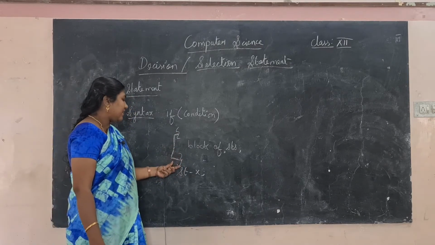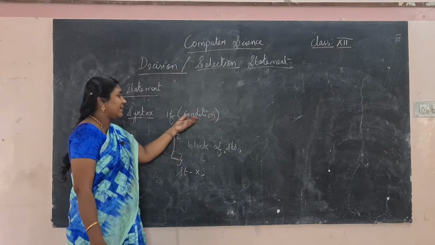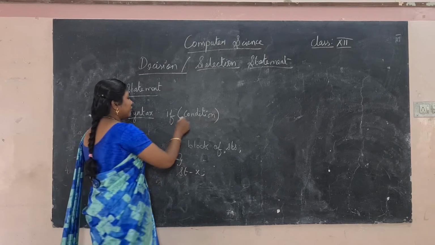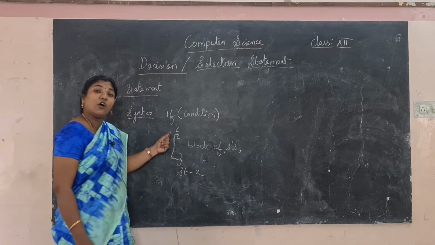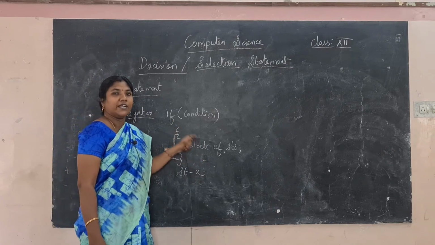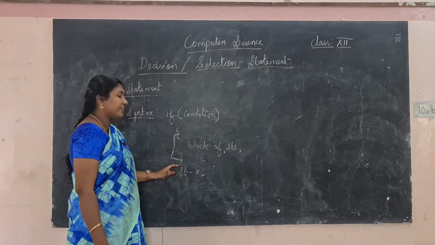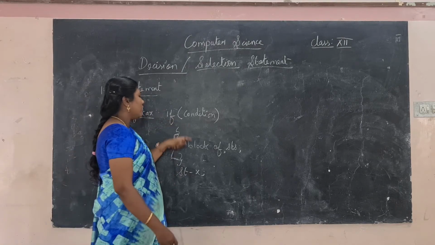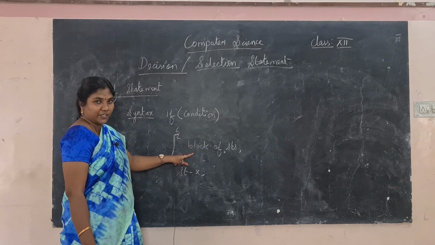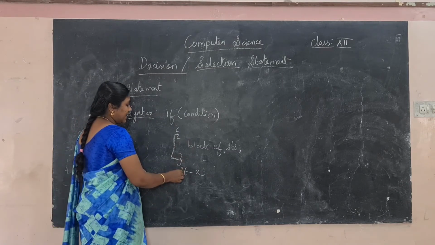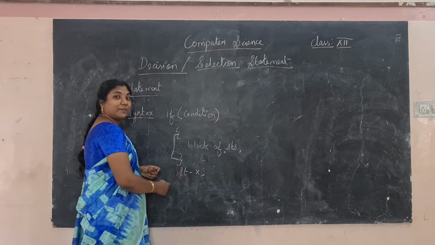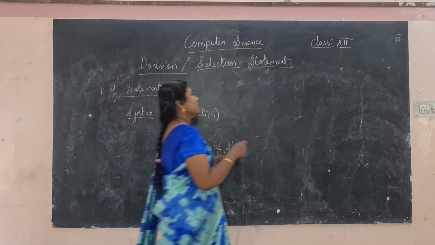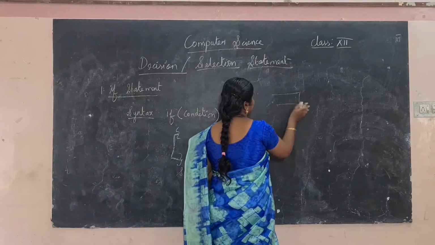If the condition is false, it will not get inside the block. It will come to the next statement after the close curly brace. So if the condition is true, the block of statements will be executed, and if the condition is false, it will come to statement X.